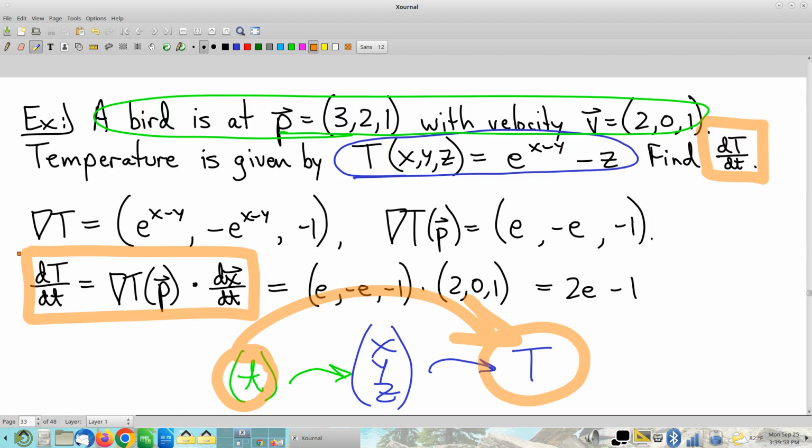Is everybody happy with that? Yep. So how did you make the assumption that we could go from the x, y, z to the temperature? Oh, because it says right here that temperature is a function of x, y, and z. And how would velocity play a role in any of that?